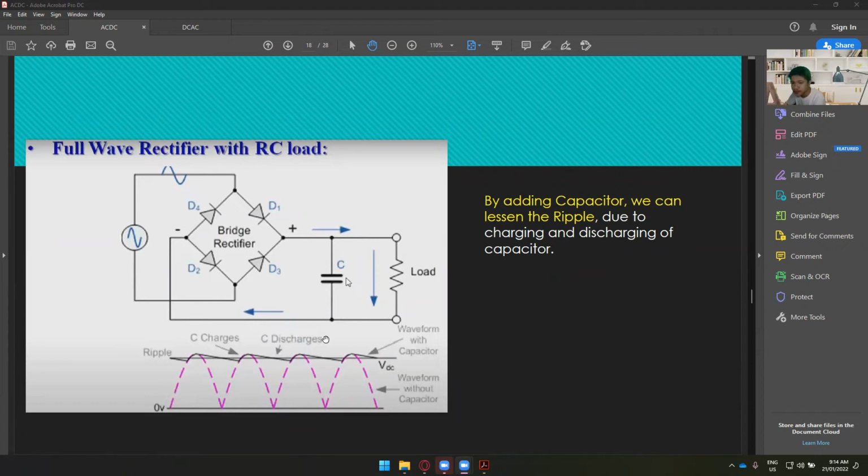All right, so are we clear so far regarding this one? We call this one a full wave rectifier with RC load. We have here the load resistance and then the capacitor. This is where we are reading the V out, wherein it will give us a ripple voltage.